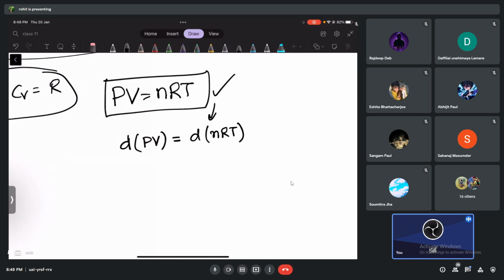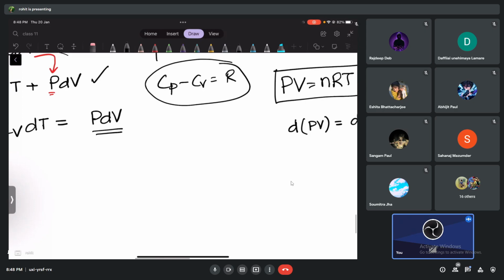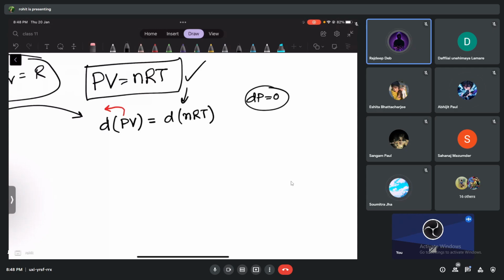Just now I told you, this PdV actually represents work done by keeping the pressure constant. So when I apply here, the pressure is constant. If pressure is constant, do I have to find the change of pressure or no need? No need, because the change of pressure is going to be equal to 0.